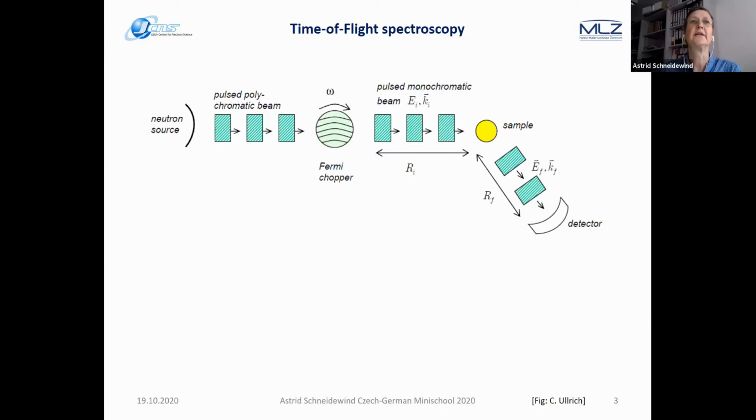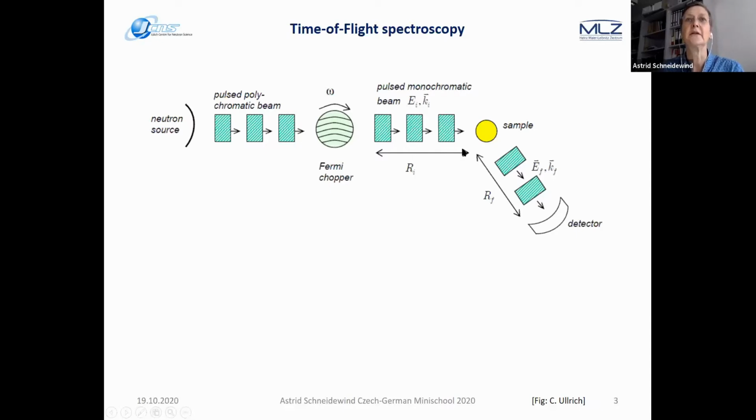And by rotating with dedicated planes, it allows you to give a time slot when the neutrons pass this chopper. And this gives you the starting point, and for sure also the direction of the beams, which is represented in our way by an incoming energy and an incoming wave vector.